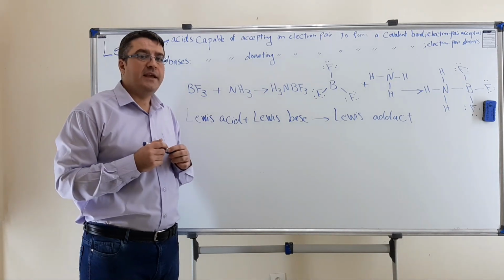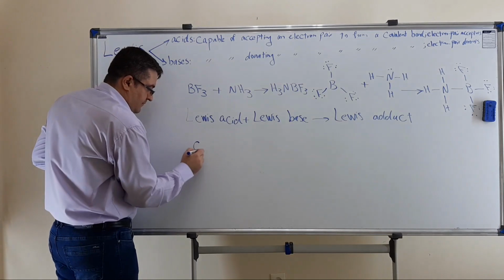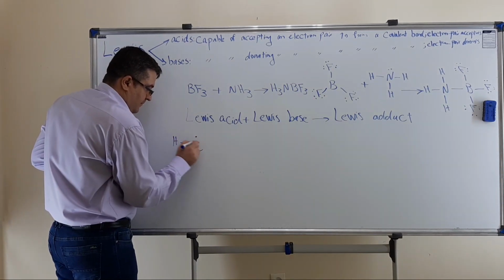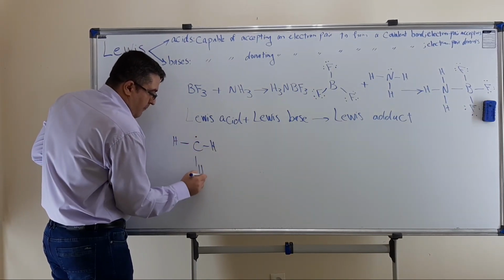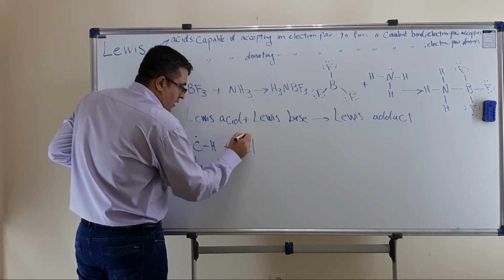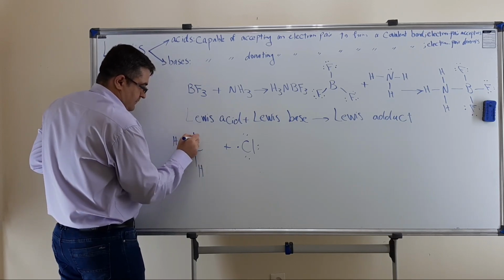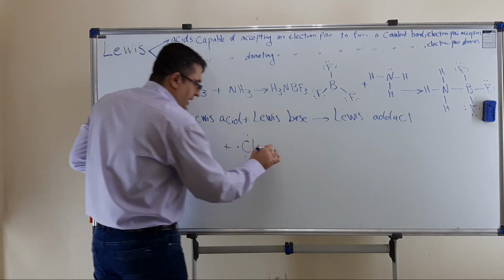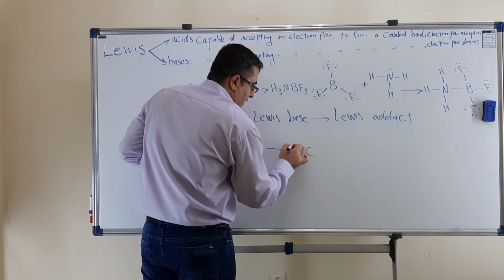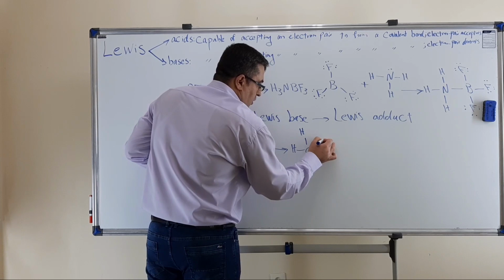To make this clear, consider these two reactions. Methyl radical and chlorine radical yields chloromethane.